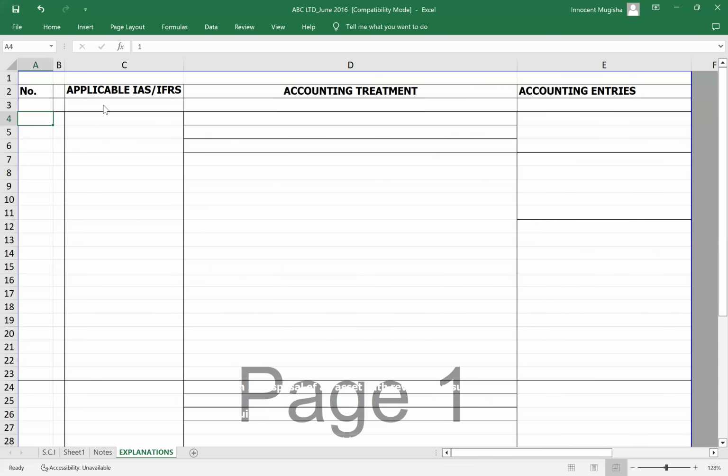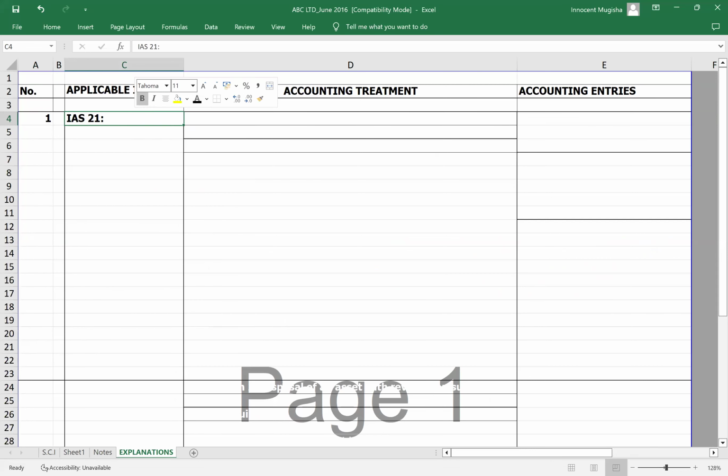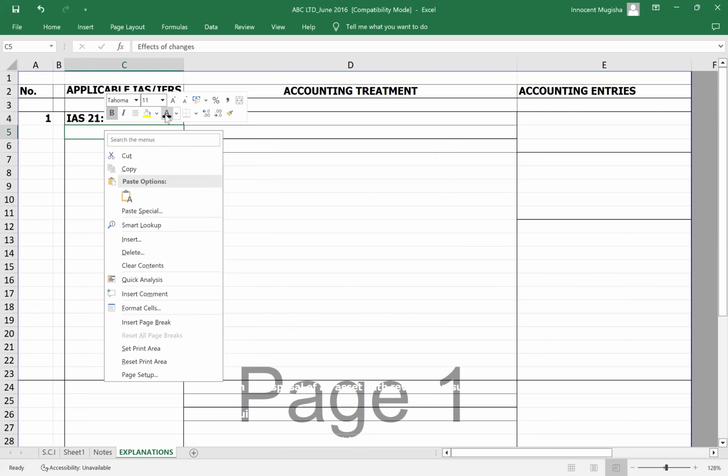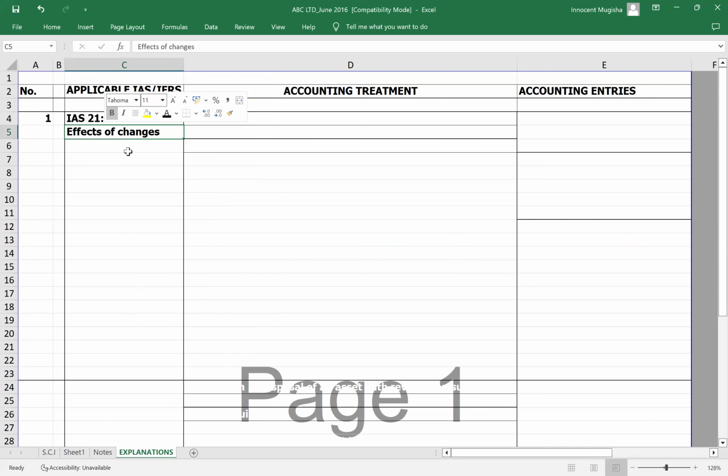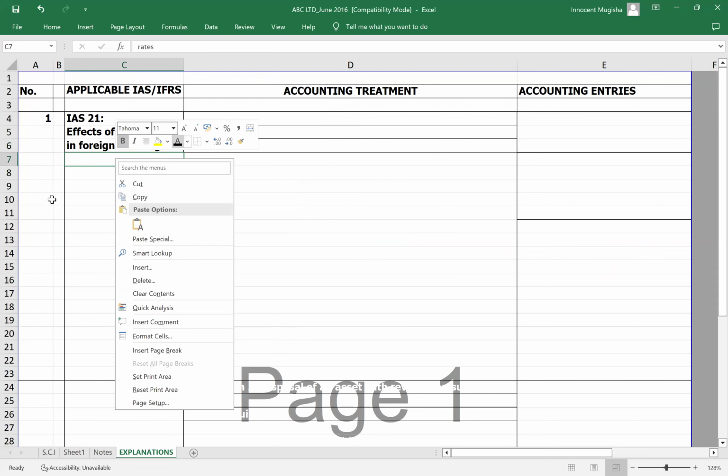So as my very number 1, I come and show the examiner that in my additional information number 1, I'm dealing with IAS 21, which is, I mentioned the name of the standard, effects of changes in foreign exchange rates.